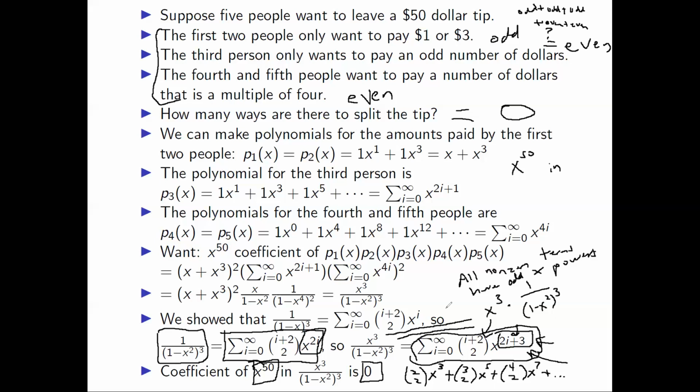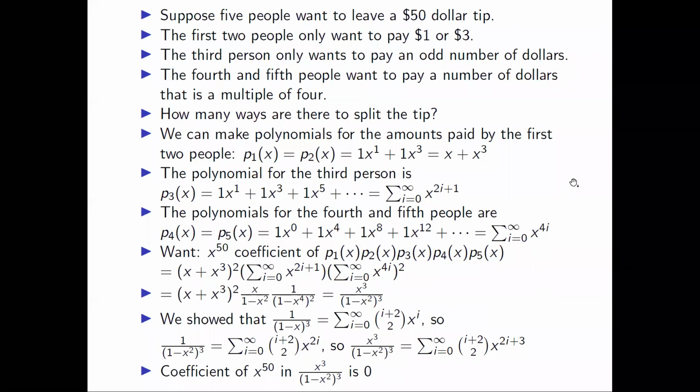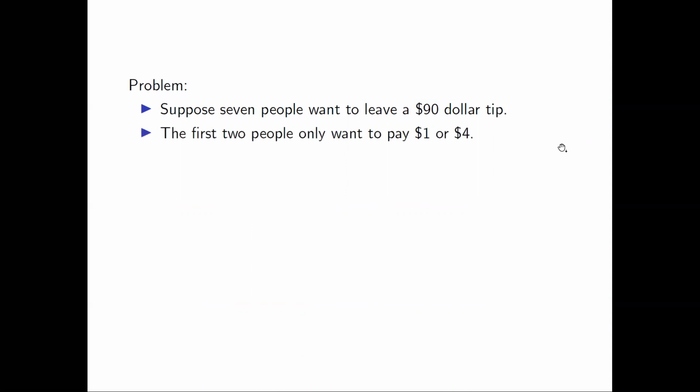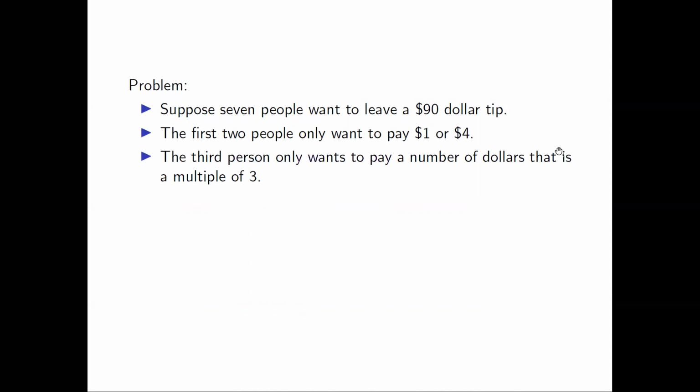Okay, so let's move on to the next slide. The next slide is going to be a problem for you to think about. This problem is pretty similar to the one we just talked about. Suppose now that you have 7 people, and in total they want to leave a $90 tip. The first 2 people are only willing to pay $1 or $4. The third person is willing to pay any number of dollars that's a multiple of 3.